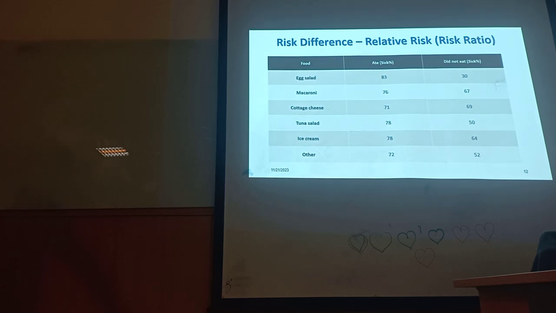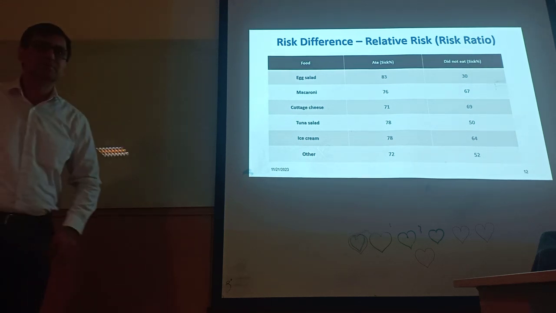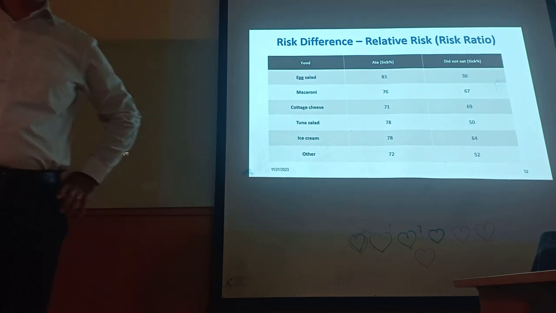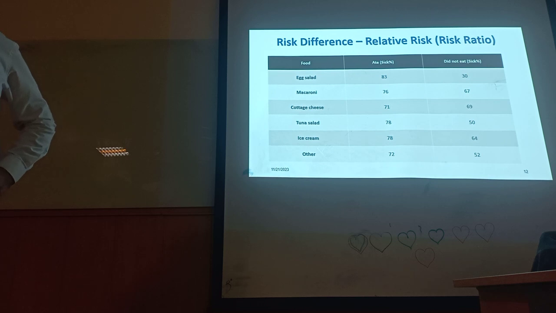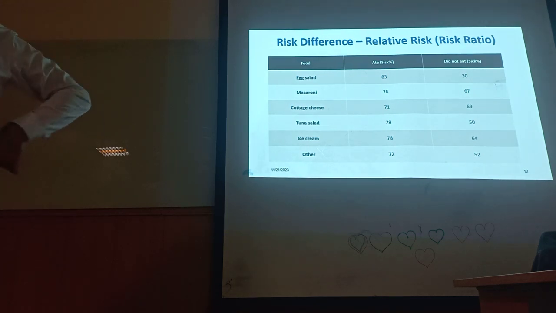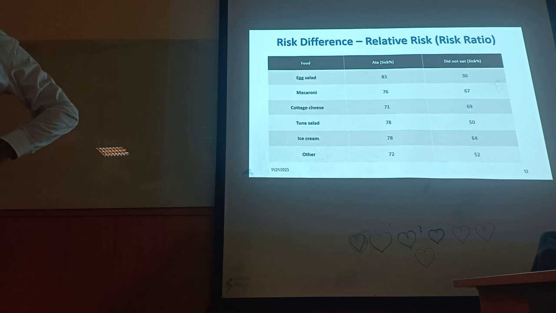Why again? You have to mention your answer. Sir, definitely it is the egg salad, because if you see the relative ratio of the two, egg salad has the most relative ratio, 83 upon 30, which is the most. Because the difference of percentage is highest, is greater for egg salad.